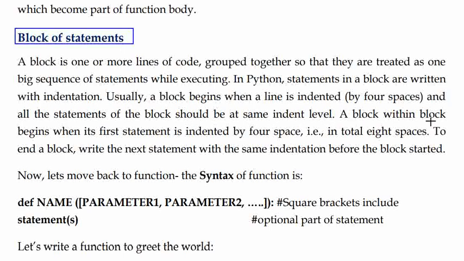A block within a block begins when its first statement is indented by 4 spaces, in total 8 spaces. To end a block, write the next statement with the same indentation as before the block started.